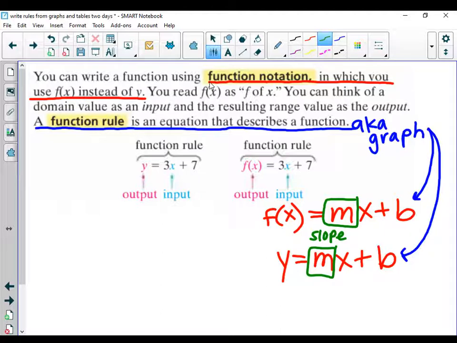What's b? Bryn? Yeah! B is going to pop out, and we're going to pop in the y-intercept right there.